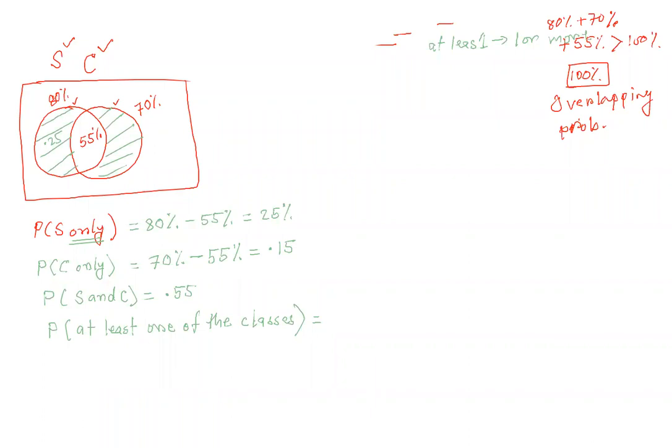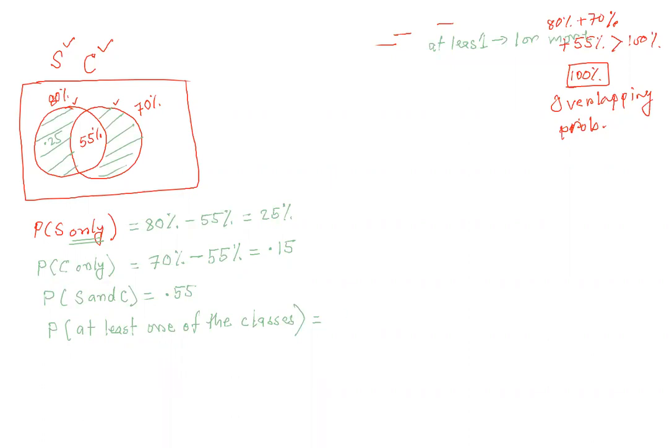So we need to find out the probability that a student passes statistics, the probability that a student passes chemistry, minus the probability that a student passes both statistics and chemistry. Can you walk me through the process, anybody? Would you add the statistics and the other class, 80 and 70, and subtract 55? Yes, you could do it that way. Then it would be 95% chance.